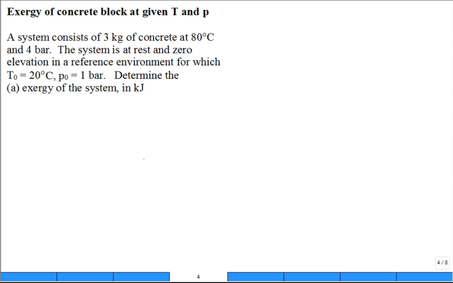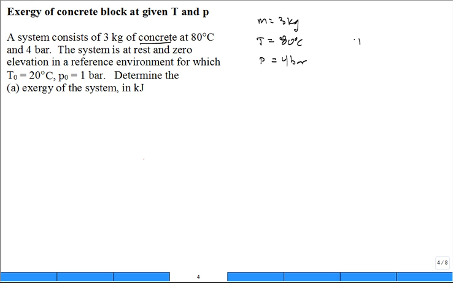So we want to calculate the exergy of a concrete block given a temperature and pressure for that concrete block. So the mass of the block is 3 kilograms. It is concrete. The initial temperature is 80 degrees C, and the initial pressure is 4 bar. The system is at rest, so the concrete block isn't moving, and it's at 0 elevation in the reference environment.